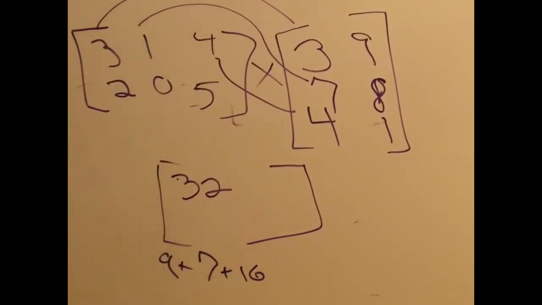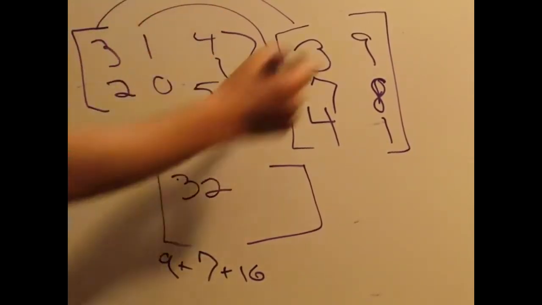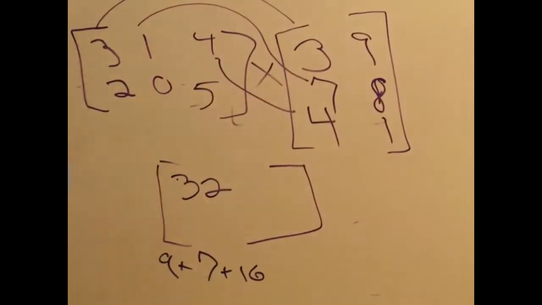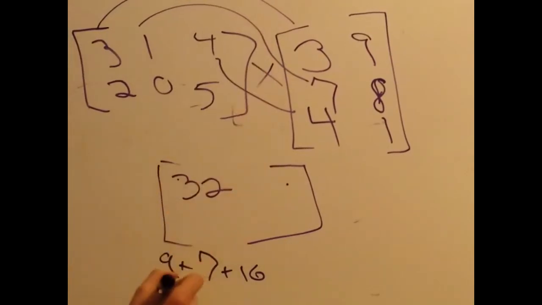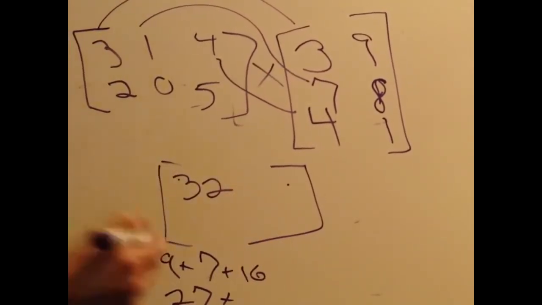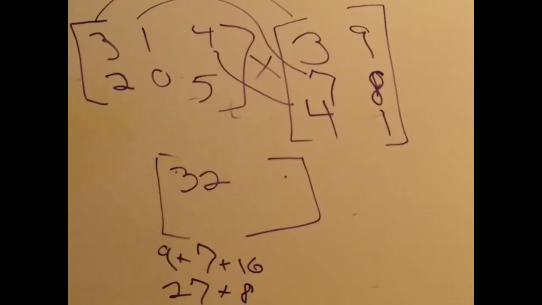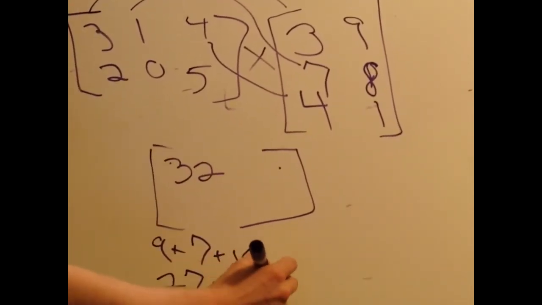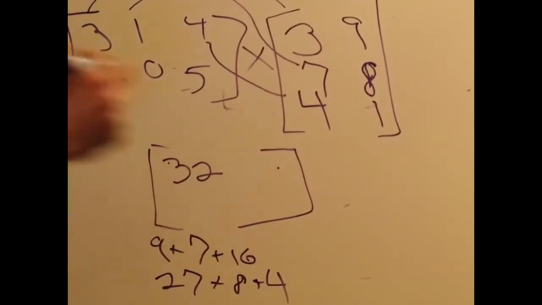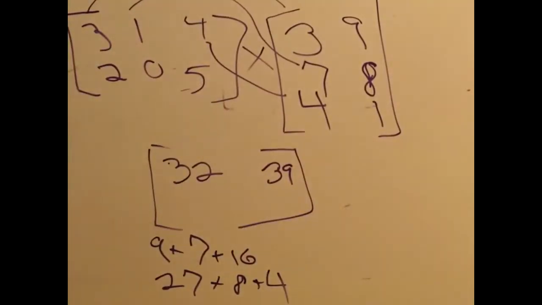Then, we're going to take 3, 1, 4 and multiply it by our second column to get the next block in the top right. 3 times 9, 1 times 8, and 4 times 1. Really hope I'm not adding these incorrectly.